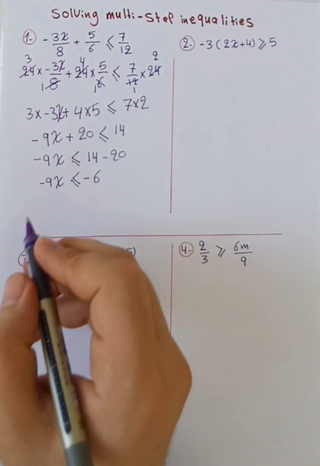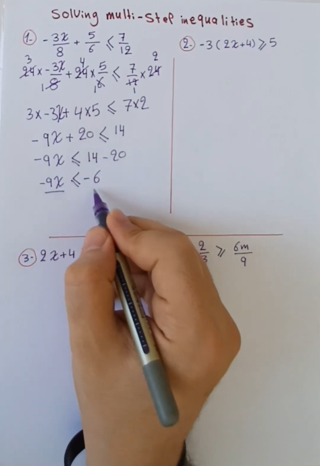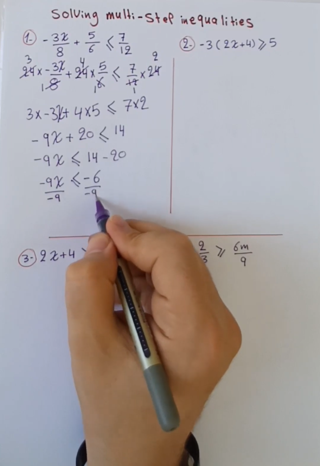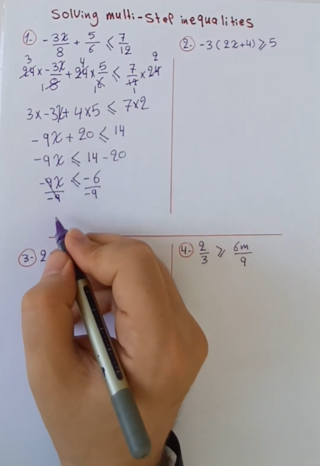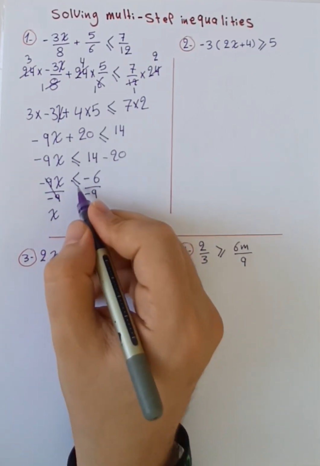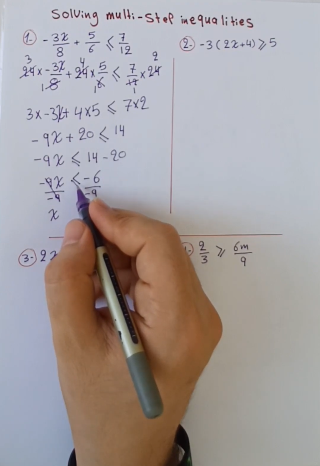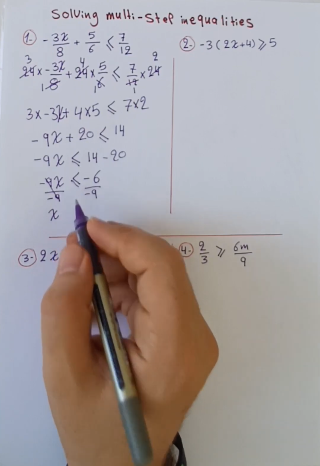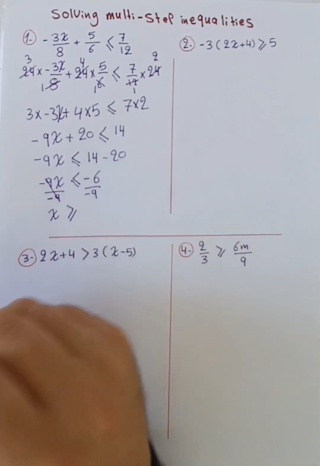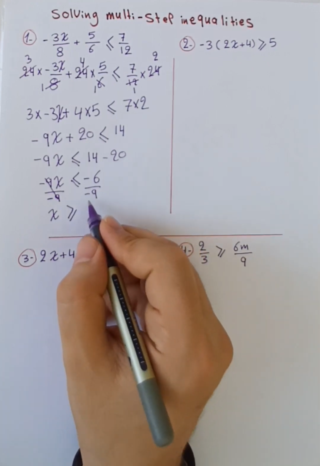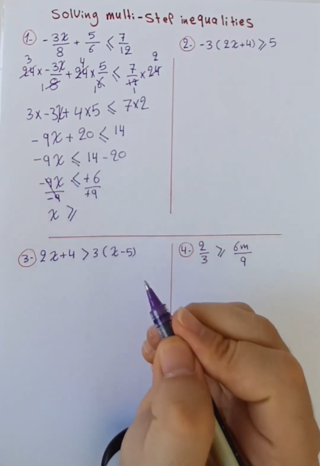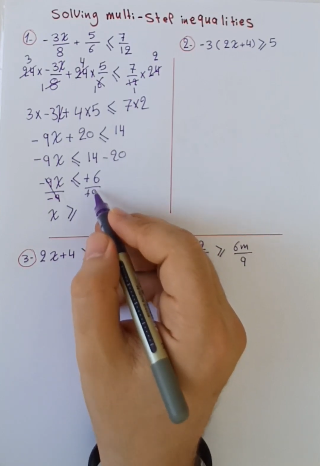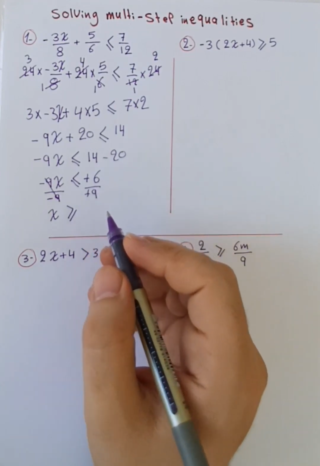After that we have to divide both sides by negative 9. These two negative 9s are reduced, x stays, and then you have to change the sign from less than or equal to, to greater than or equal to. The two negatives are reduced, and then we write this fraction in simplest form.